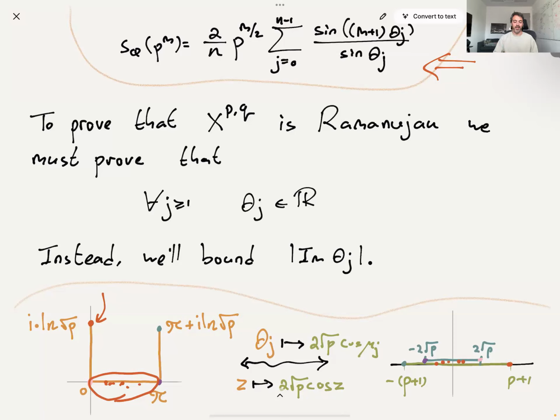But what we will do, following again this really great exposition by Davidoff, Sarnak, and Valette, is we're just going to bound the imaginary part of all of those theta j's and show that a bound translates to a bound on expansion. If they were real, you would get Ramanujan, and if they are bounded, then maybe they are here, and that will translate to not being too far from this interval. And we are going to bound it in terms of p alone, not q. So that will give you an honest-to-God expander, but not a Ramanujan.